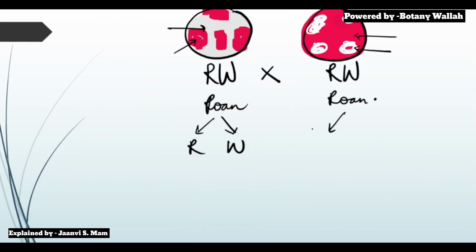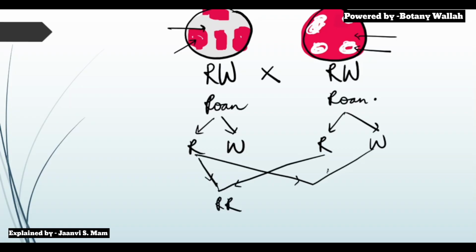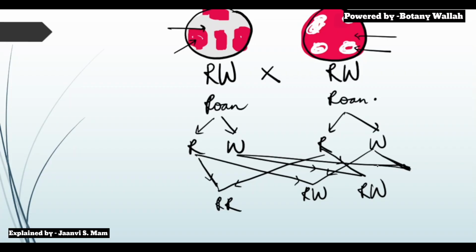Here also we can write capital R, capital W, and when we cross it, we get capital R capital R, capital R capital W, capital R capital W, and capital W capital W. So the first one will be completely red, and this one will be white, and this capital R capital W will be half red and half white.